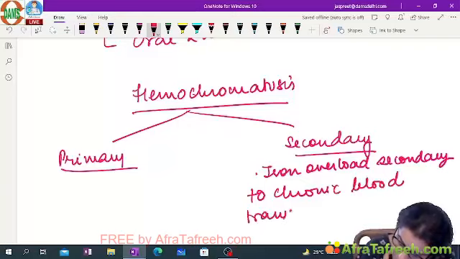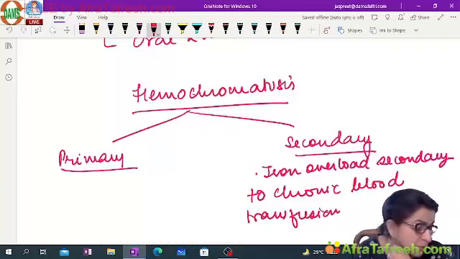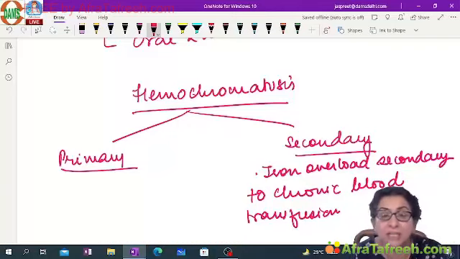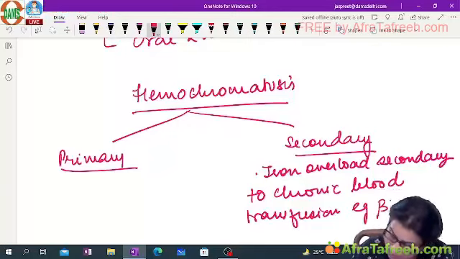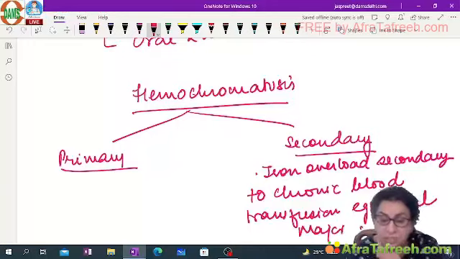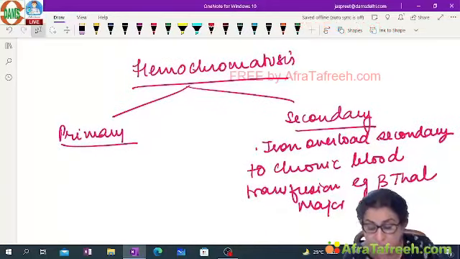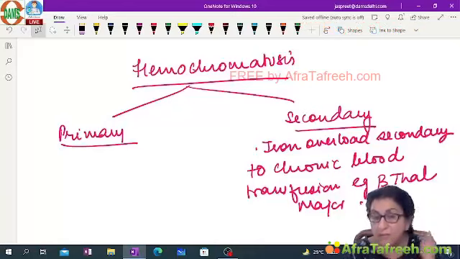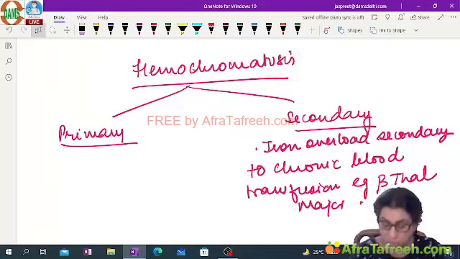Now, who are the people who need chronic blood transfusions? Example, beta thalassemia major. Patients of beta thalassemia major require repeated blood transfusions. So that can cause iron overload and lead to secondary hemochromatosis.